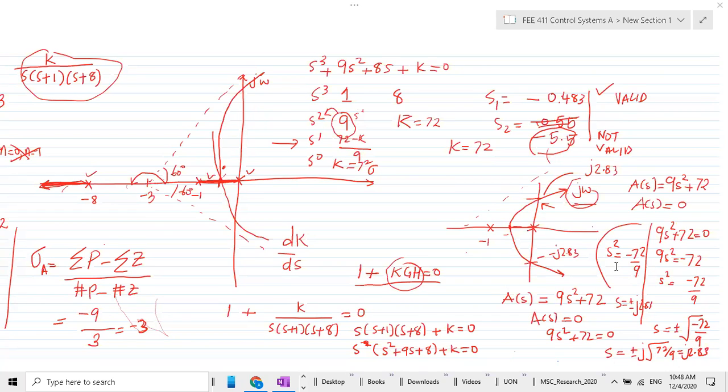Is that clear? I just want to show those two methods. I know they become handy when you have a pole. Let's say you have a pole here and a zero, and you make K the subject. Then you'll have an equation with a variable in the numerator and denominator.